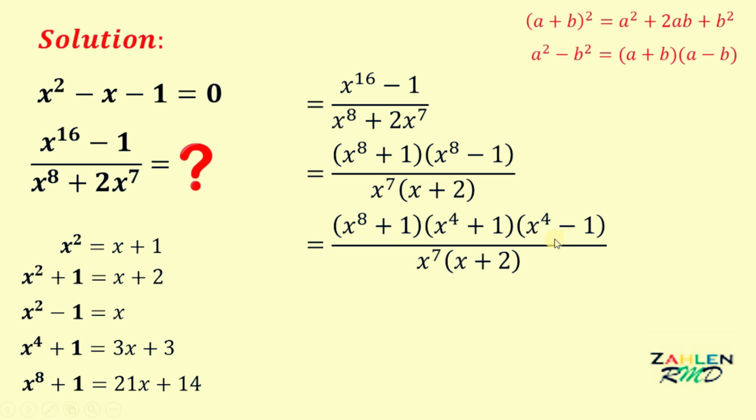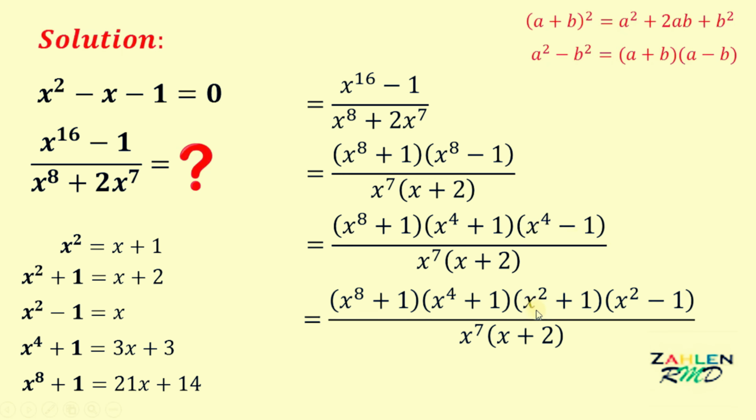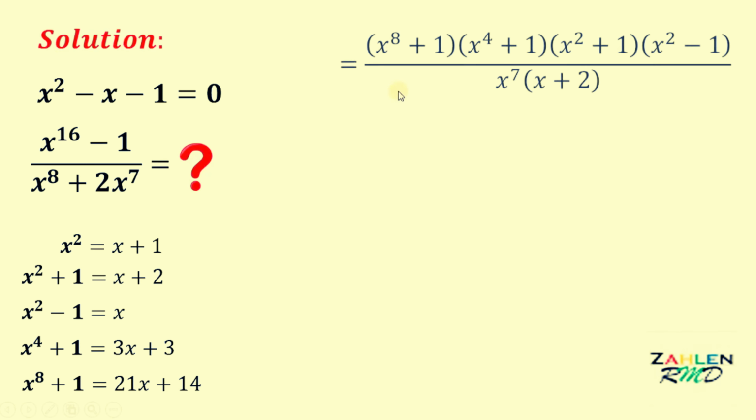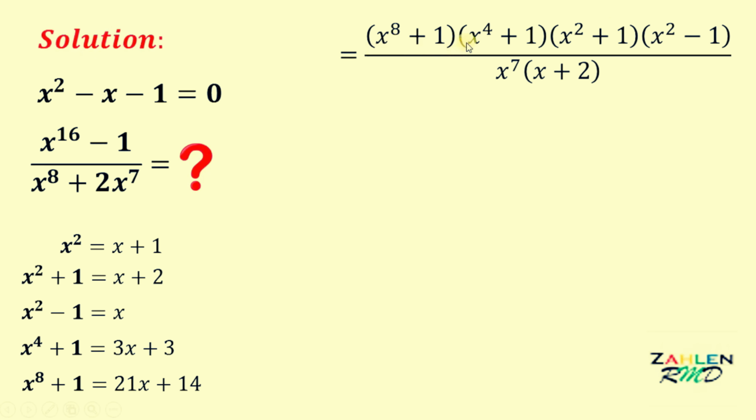And again, x to the fourth minus 1 is a difference of two squares. Therefore, we can factor x to the fourth power minus 1 into x squared plus 1 multiplied by x squared minus 1. Now let's focus on this result. We have x raised to 8 plus 1 multiplied by x raised to the fourth power plus 1 multiplied by x squared plus 1 multiplied by x squared minus 1.